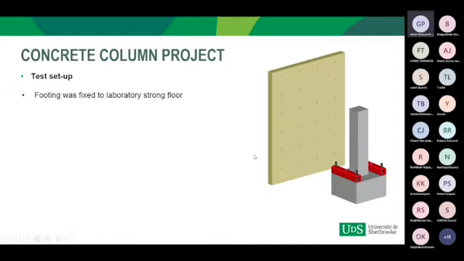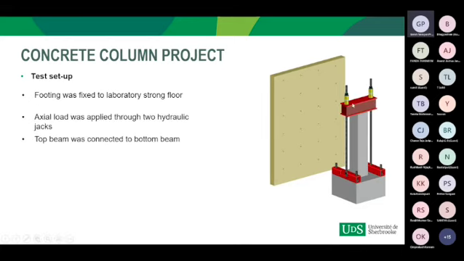The column was tested in an upright position, and it was attached to the laboratory strong floor using 2 steel beams and 4 dividing bars. Dividing bars are high strength steel bars. The axial load was applied using 2 hydraulic jacks attached to the steel beams at the top of the column, and the top steel beam was connected to the bottom steel beam using the 2 dividing bars, which were hinged at the bottom, as you can see here, using a spherical nut head to allow free rotation of these 2 high strength steel bars.